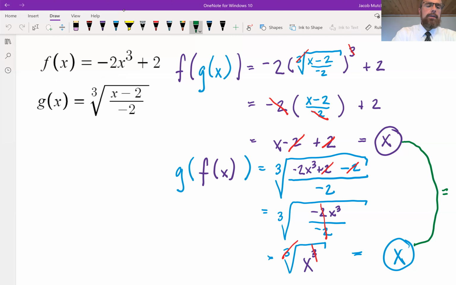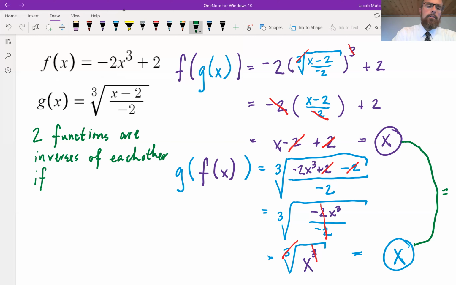So what we'll write is two functions are inverses of each other if both directions of composition, like we've demonstrated for f of x and g of x here, result in x.